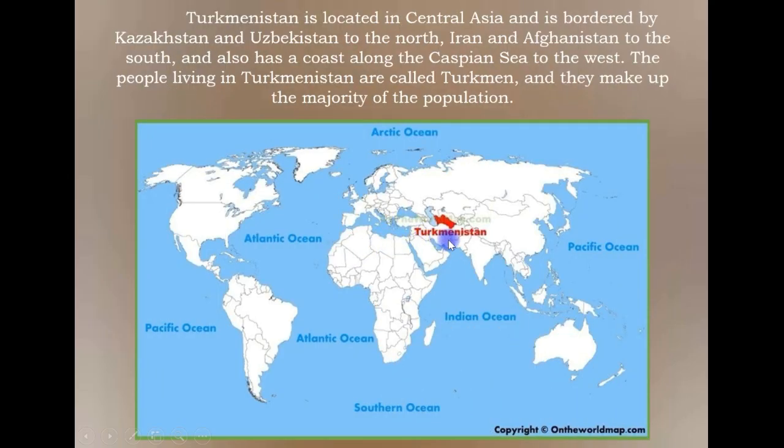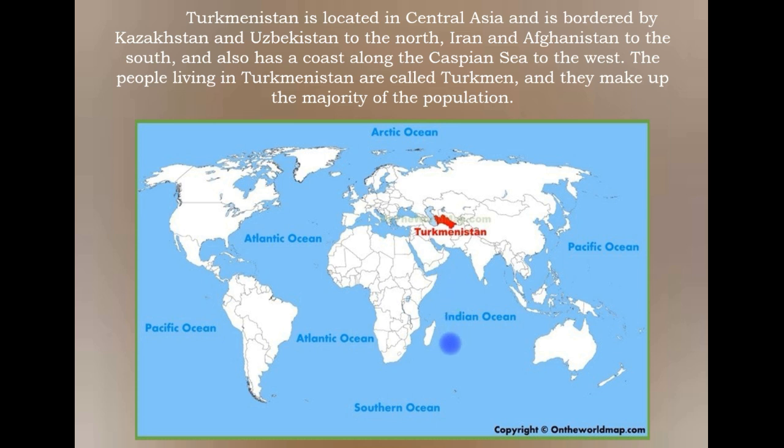So you can see Turkmenistan highlighted in red on the world map. Turkmenistan is located in Central Asia and bordered by Kazakhstan and Uzbekistan in the north and Afghanistan and Iran in the south. The people who live in Turkmenistan are called Turkmen, and they make up the majority of the population.